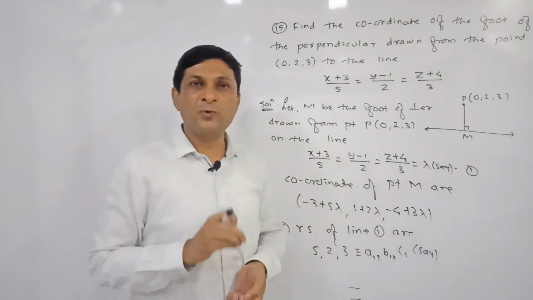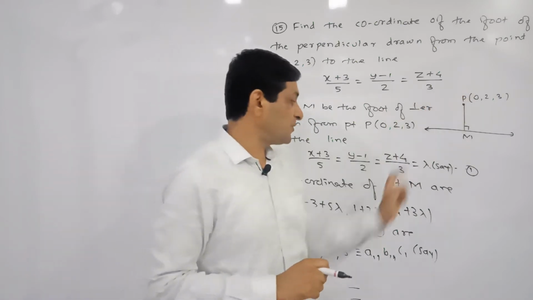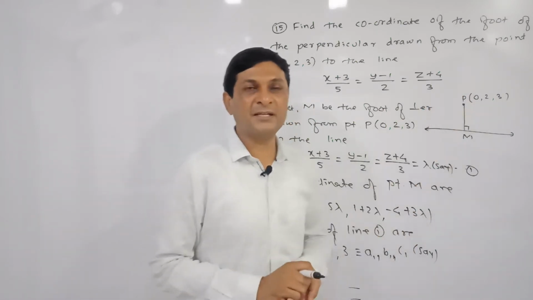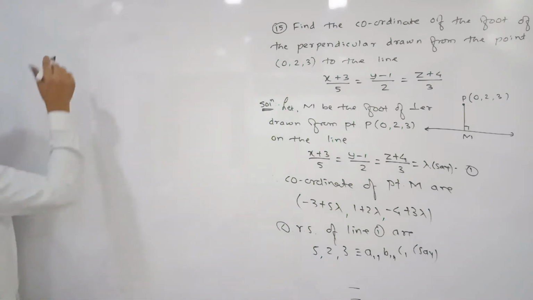If the coordinates of two points are known, then direction ratios can be found as x2 minus x1, y2 minus y1, z2 minus z1. Use this method to find the direction ratios of line PM.